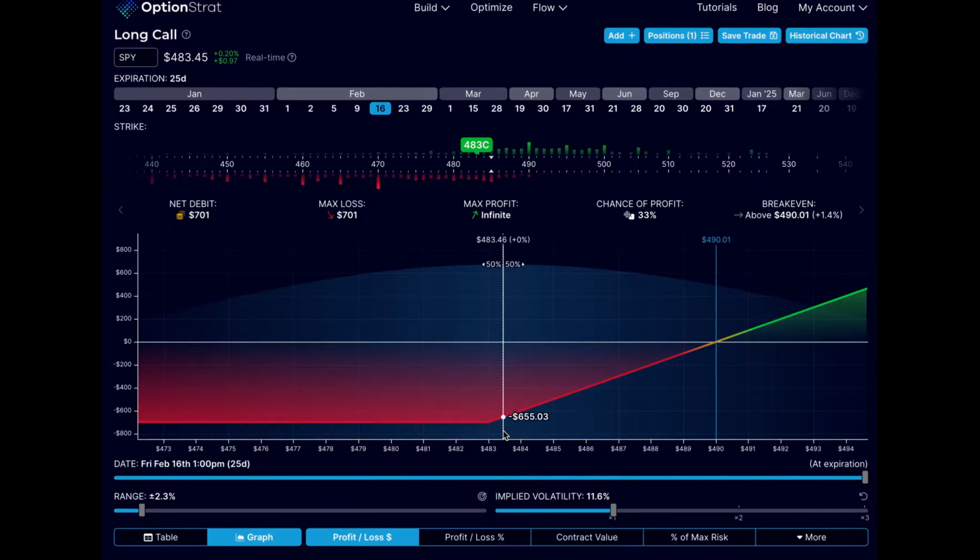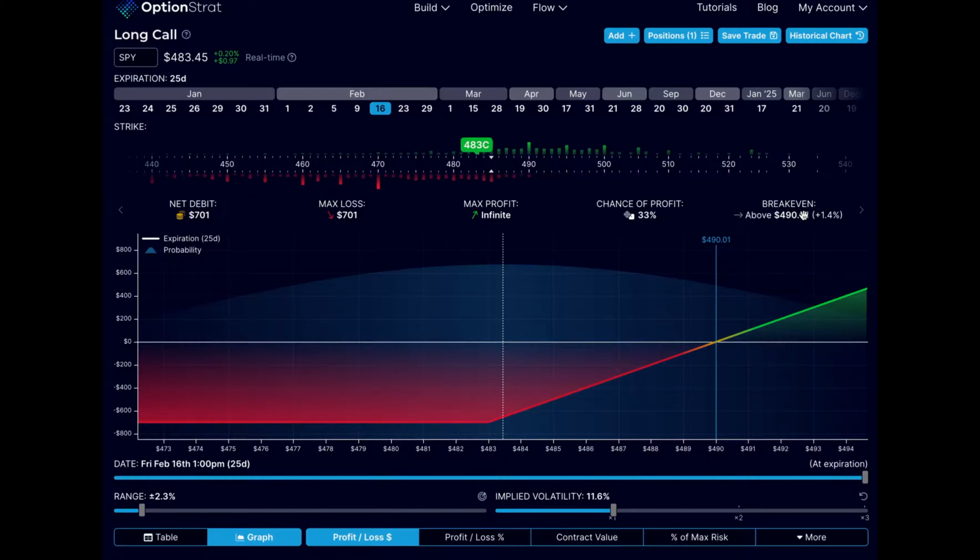I need to be at 483 plus the roughly 7 points that I paid for this option, which means that my break even is up here at 490. So in order for this to be profitable at the end of the trade, it tells me right here what my break even is. The market has to go 1.4% higher in order for me to profit in this long call only position.